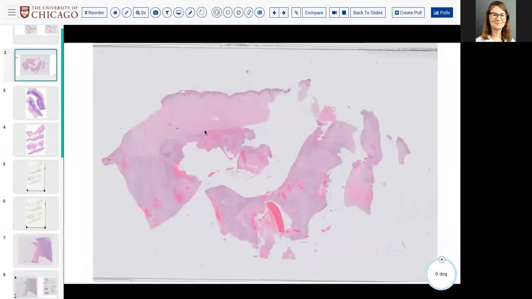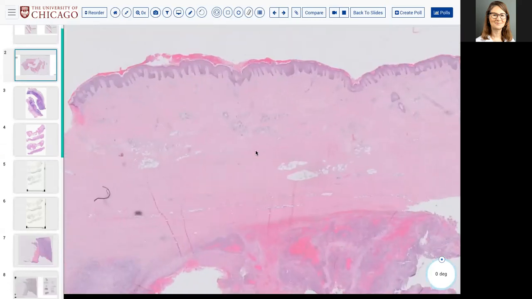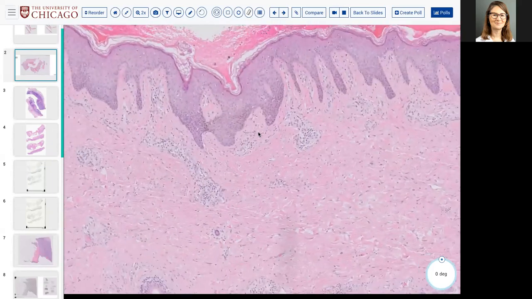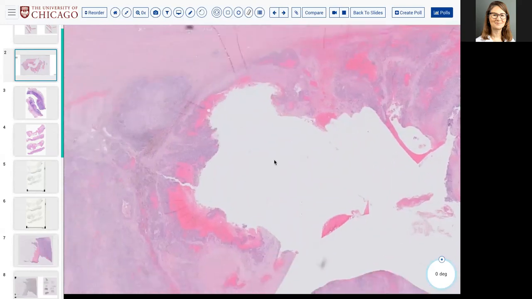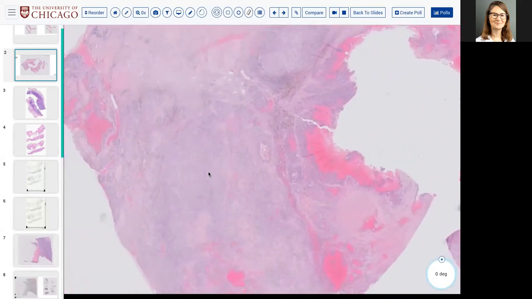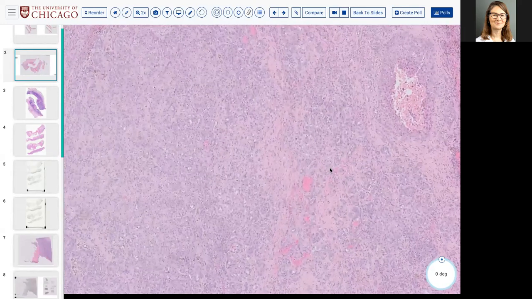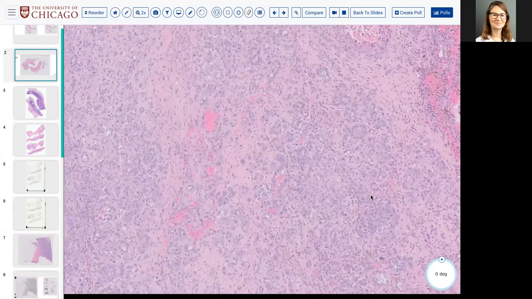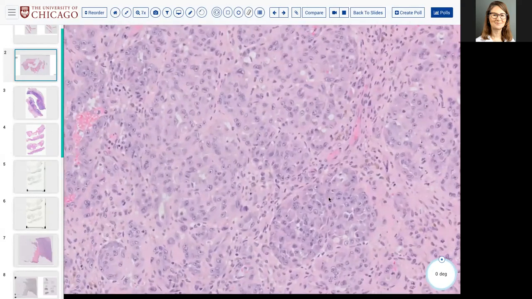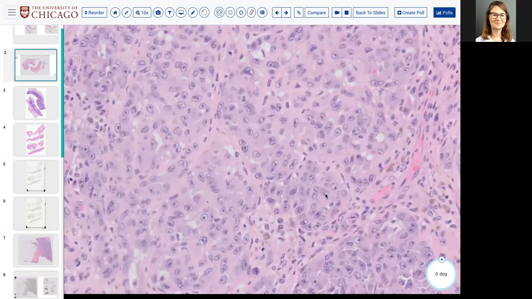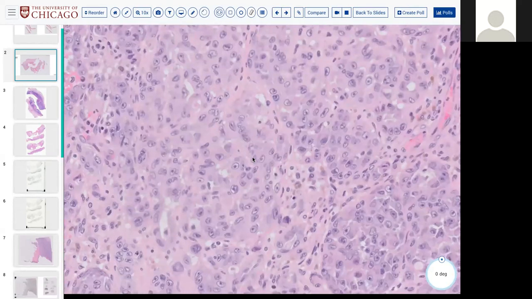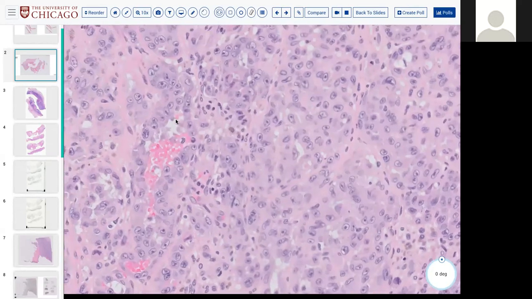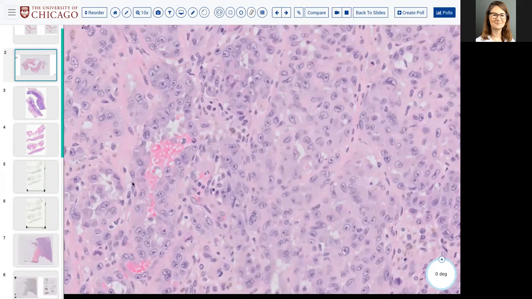All right, and then the next case. So obviously now we are in a cutaneous or subcutaneous type of site. What's different about this case than the prior? There is some vascular, they are trying to form vessels or vascular channels.